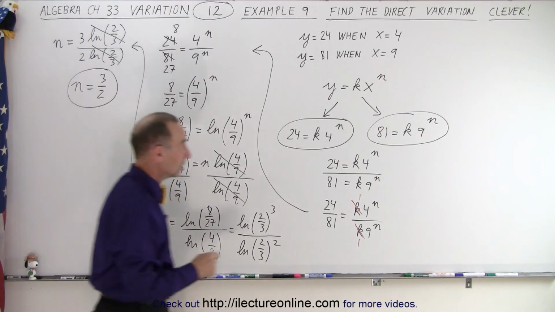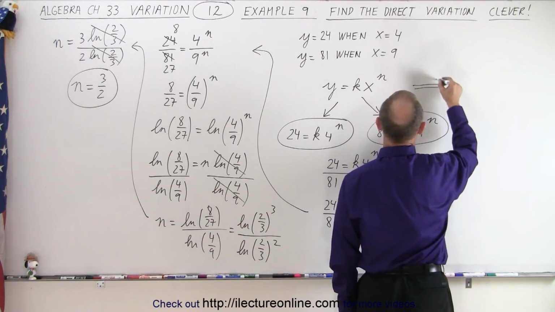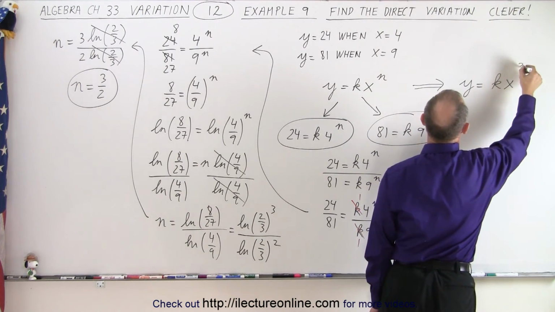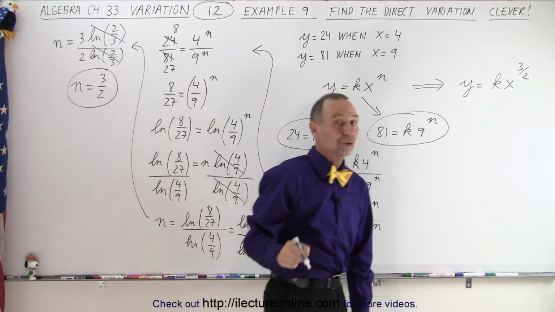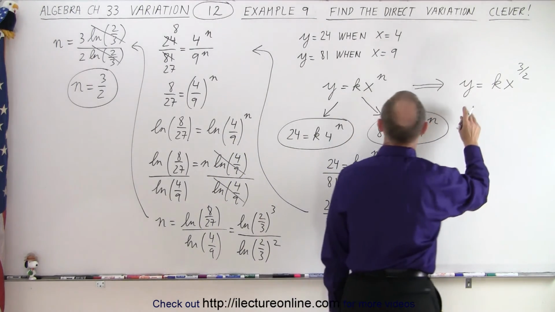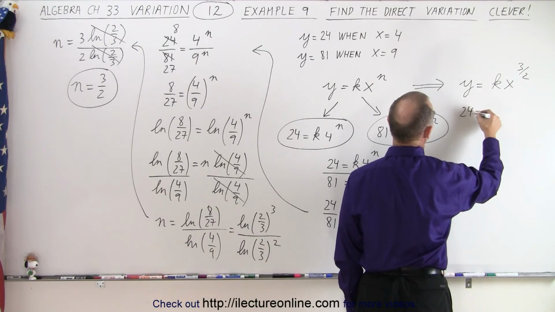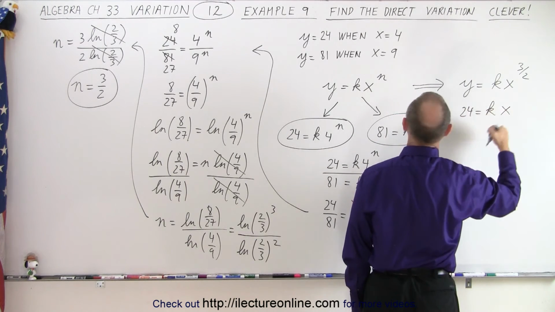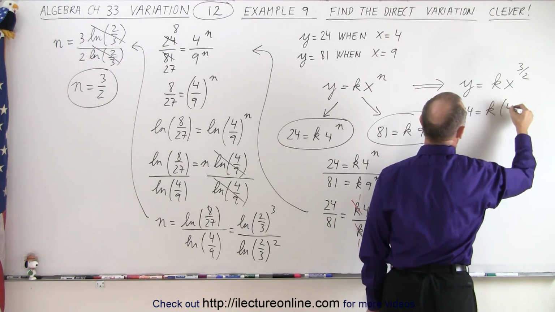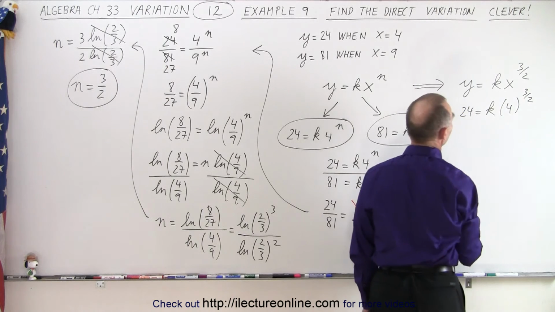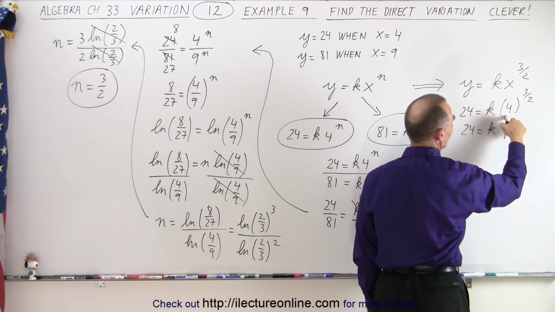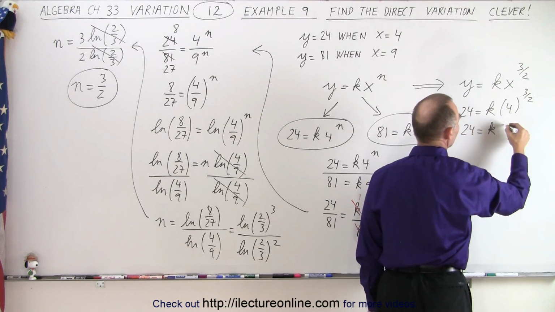So now I have found the value for n. I can come up here and say this equation can now be written as y is equal to k times x to the 3/2 power. Then all I have to do to find k is plug in one of these sets of values. So 24 is equal to k times 4 to the 3/2 power. Taking the square root of 4 gives me 2, cubed gives me 8.